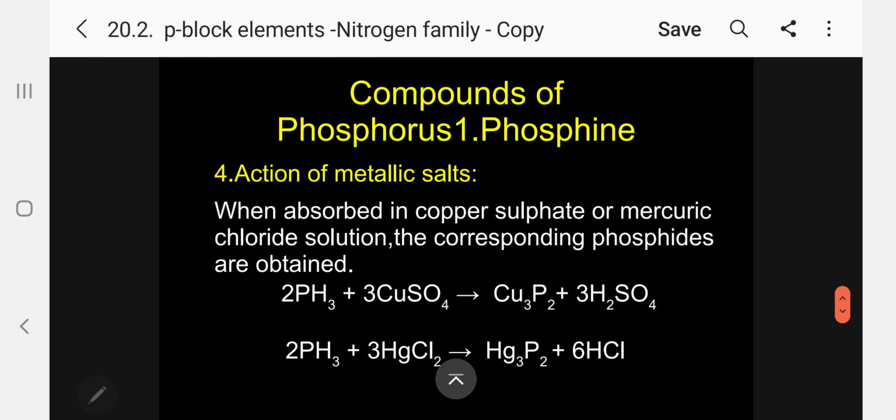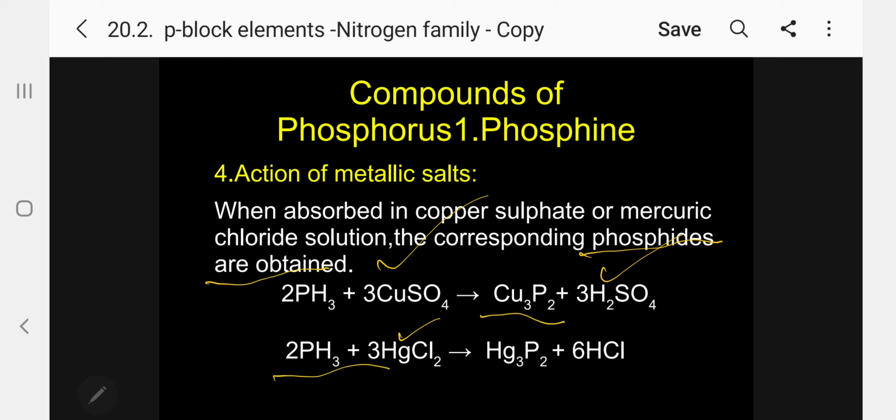Action of metallic salts. When absorbed in copper sulfate or mercury chloride solution, the corresponding phosphides are obtained. Kindly follow. 2 moles of phosphine, 3 moles of copper sulfate, gives the corresponding phosphide Cu3P2 and sulfuric acid is produced.